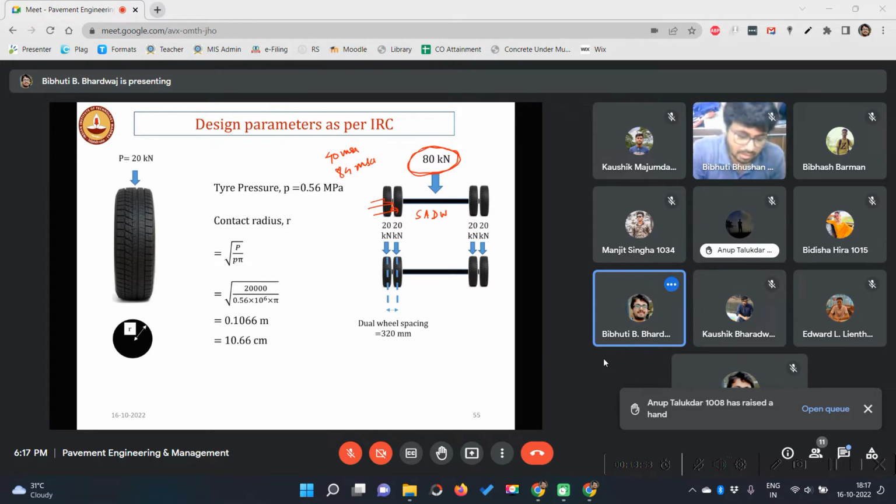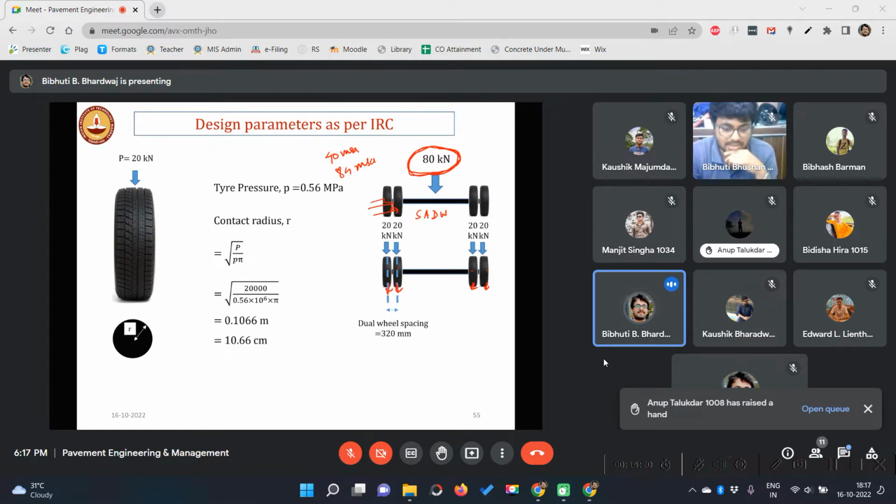Okay, now this is 80 kilonewton. Now let's divide this 80 by 4 because there are 4 wheels, and if all the tires are equally inflated with the same pressure, then the load coming through all the tires will be equal.